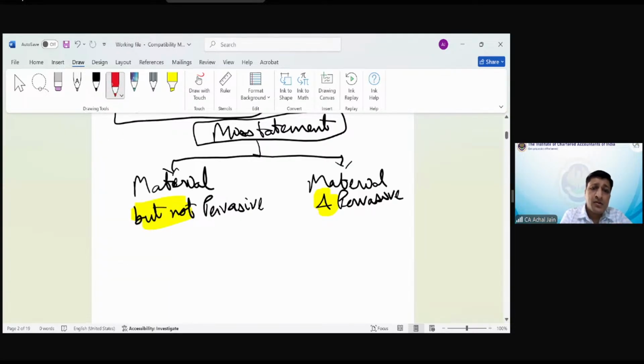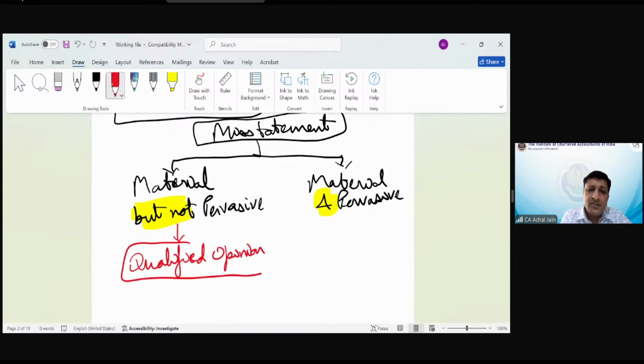In such a case, the auditor will provide a qualified opinion. In this case, the opinion which the auditor will be providing will be qualified.